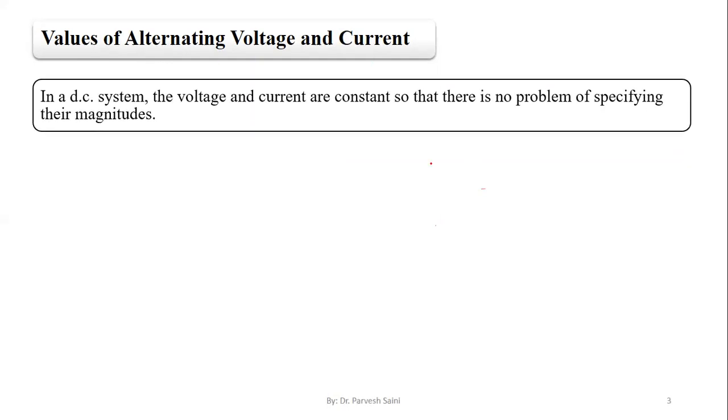Now, in DC, if we represent a DC with a graph, it will look like this. Any DC signal. So it means that a DC signal, ideally, is a constant value which does not change its magnitude or direction with respect to time. Either it would be positive or it would be negative, but it will remain as it is.